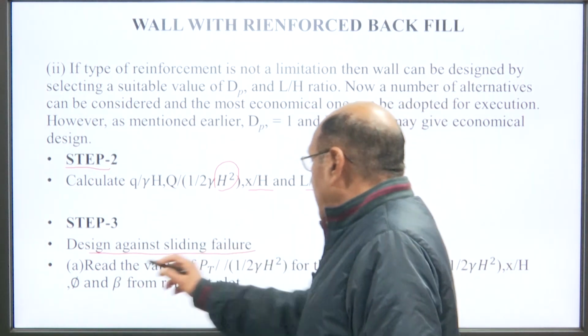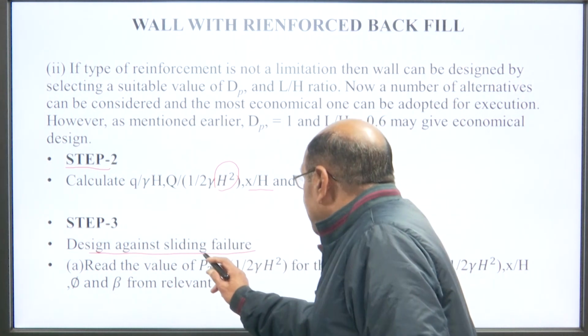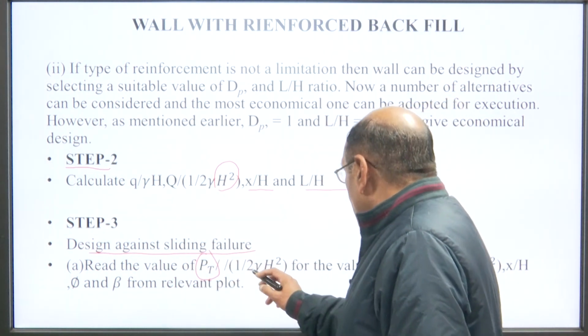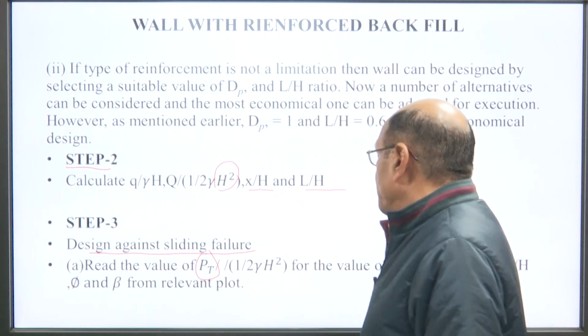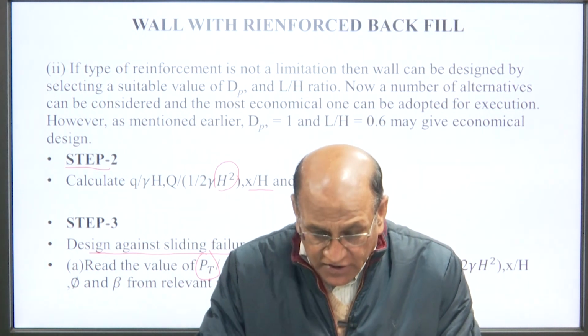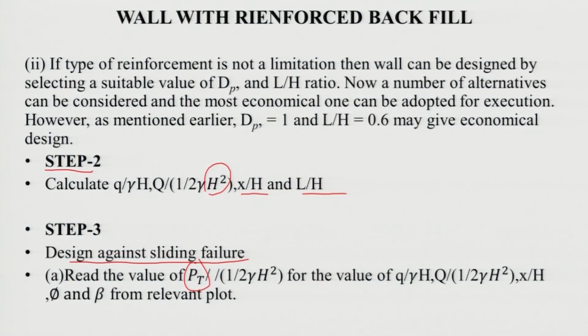In the first, read the value of Pt divided by 1 by 2 gamma H square for the values of q by gamma H, q by 1 by 2 gamma H square, x by H, phi and beta from the relevant plot.